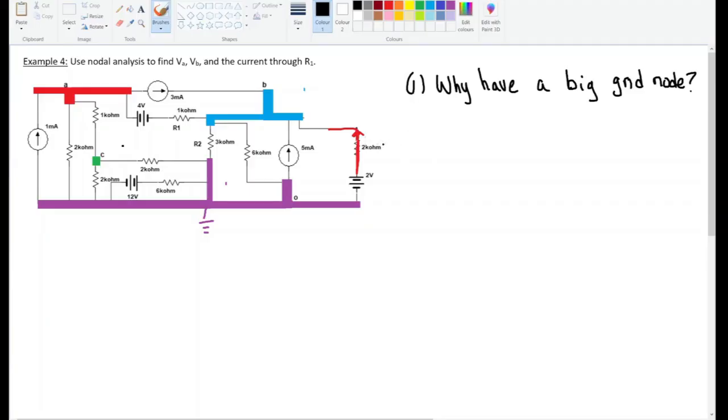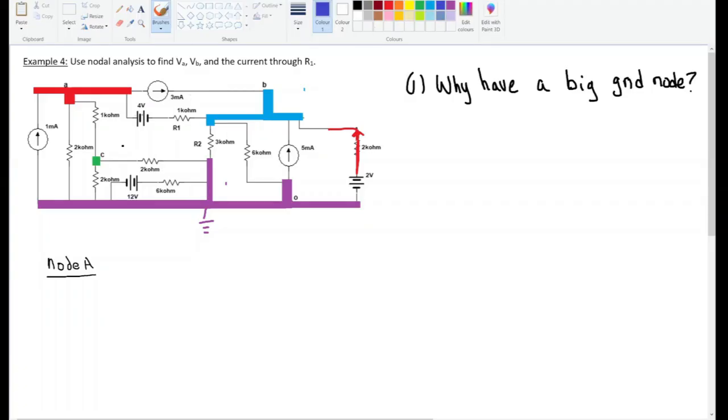Okay, so we'll answer this question by first figuring out the equation for the currents in node A. So for node A, we're going to arbitrarily assign the currents going in and out. This is fine.